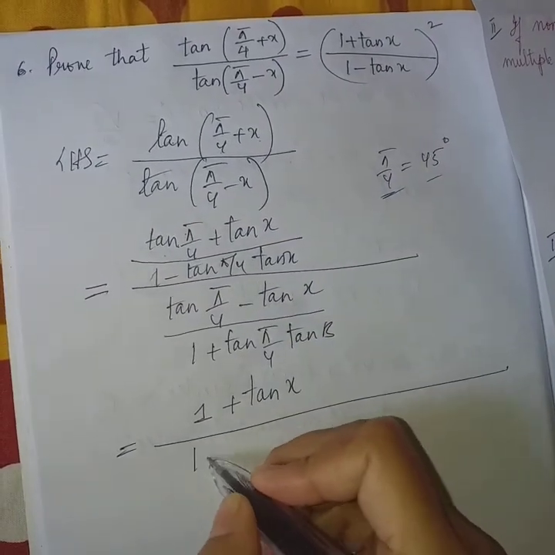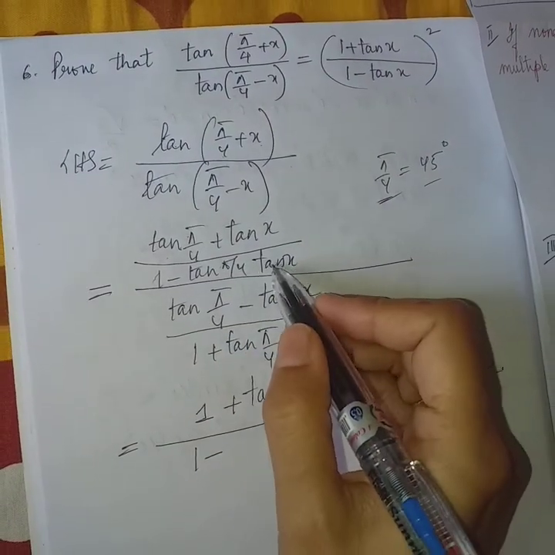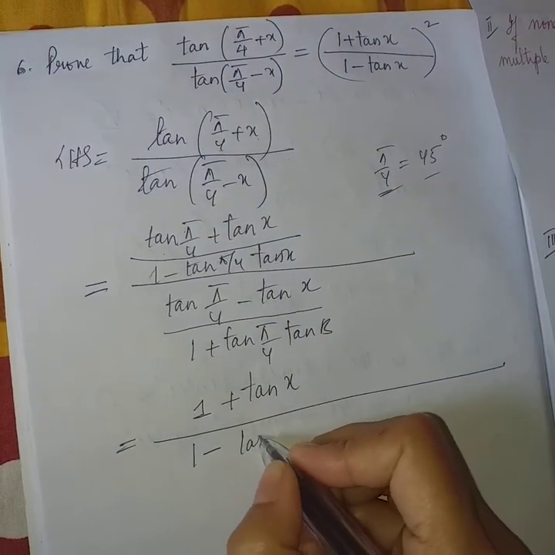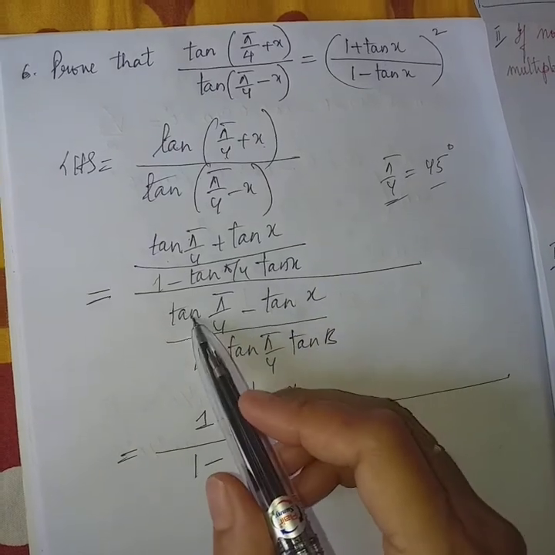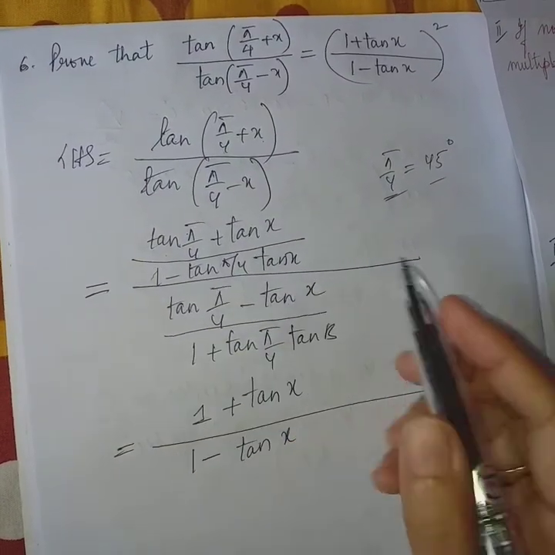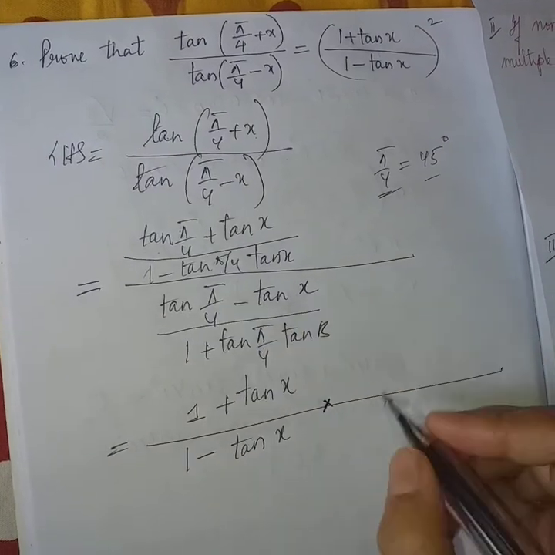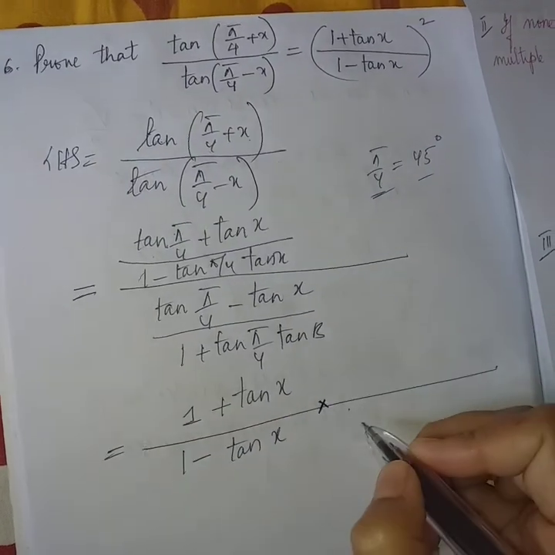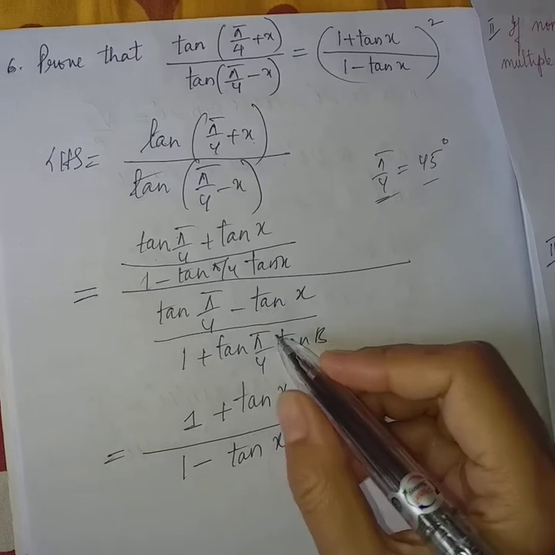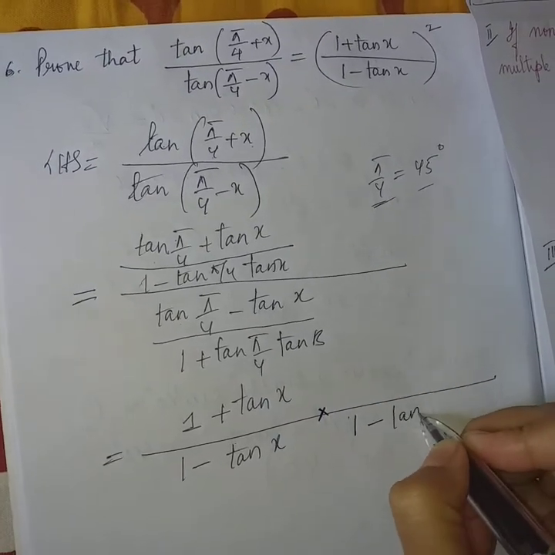So 1 minus, again tan pi by 4 is 1, so we are left with tan x. Now this is in the denominator, so let us keep it in the denominator only. This is tan of pi by 4, it is 1, minus tan x.